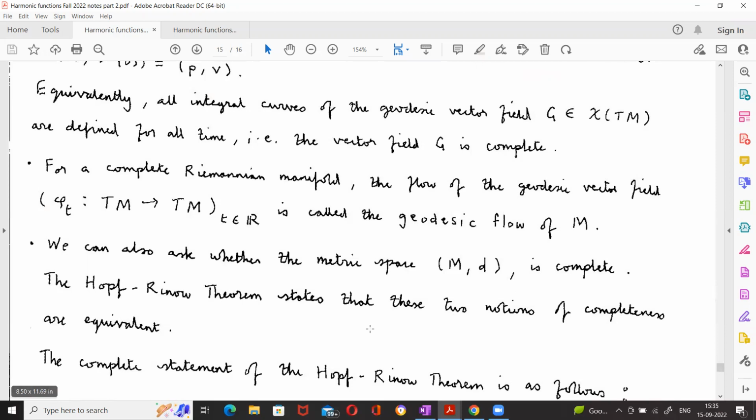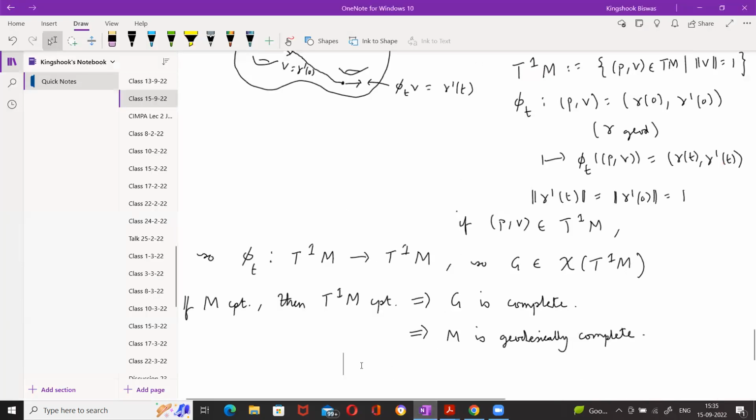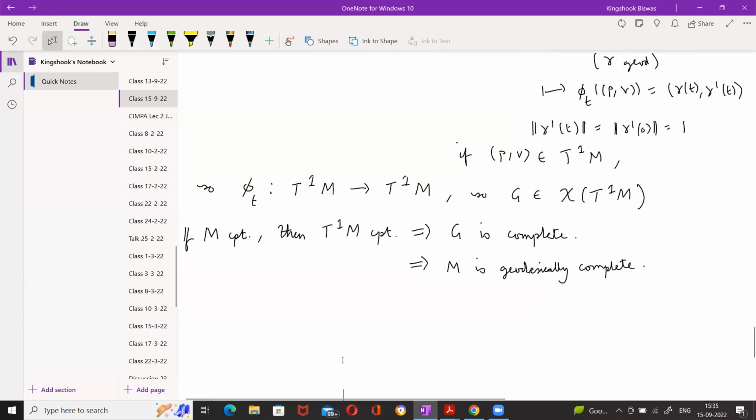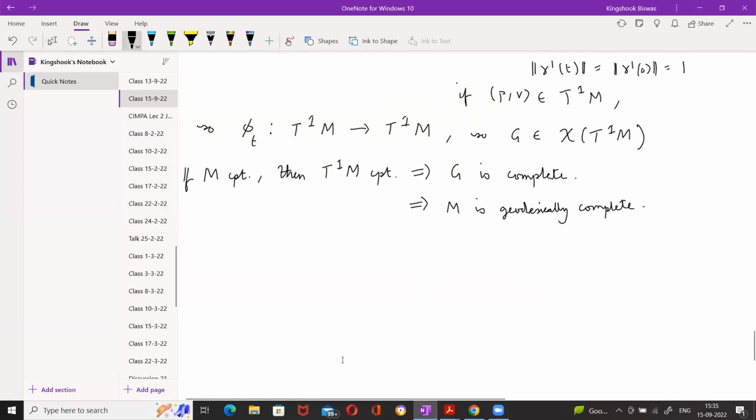If you take a manifold which is not complete as a metric space, then it should be easy to see, at least in examples, that it cannot be geodesically complete. For example, take M to be R2 minus the origin, with the usual Euclidean metric.